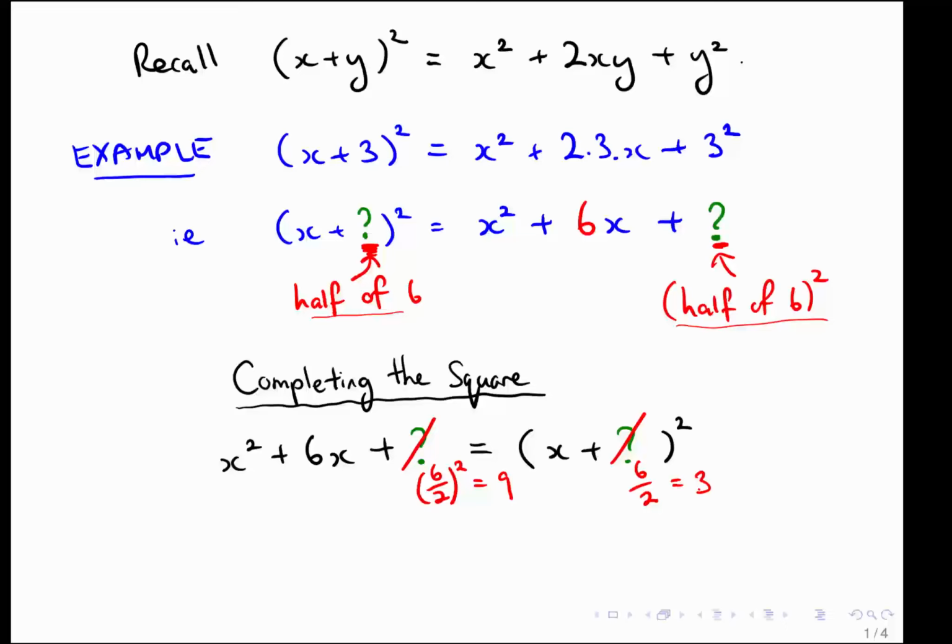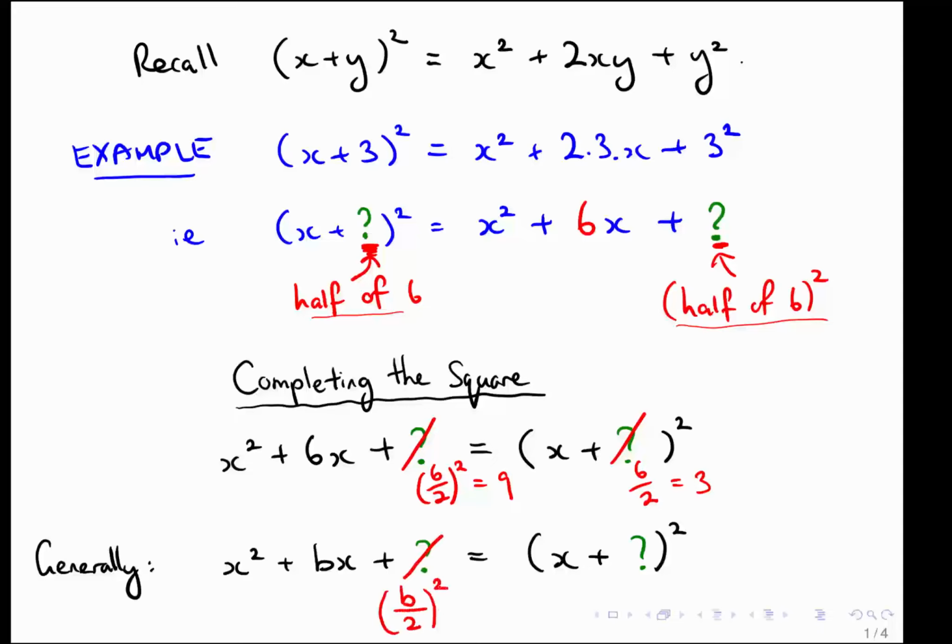We can summarize these facts into a nice formula. If I wanted to factorize the more general quadratic, x squared plus bx plus some constant, as x plus some constant all squared, then the constant here is always half the middle coefficient, all squared.